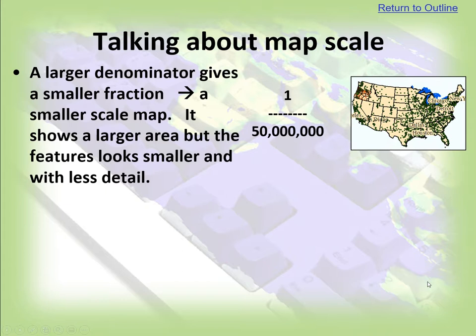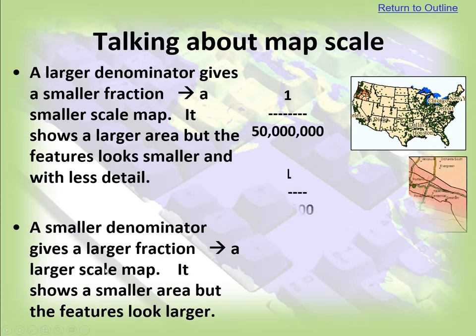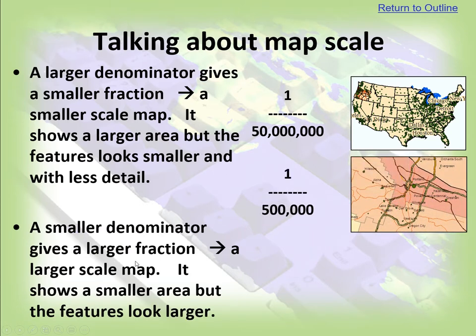All right, so continuing on from there, a larger denominator gives a smaller fraction, which gives a smaller scale map, okay? It shows a larger area, but the features look smaller with less detail. So this is a small scale map, right? Small scale. A smaller denominator gives a larger fraction. So mathematically, right? You think 1 divided by a really big number gives you a really small number. 1 divided by a biggish number gives you a bigger number.